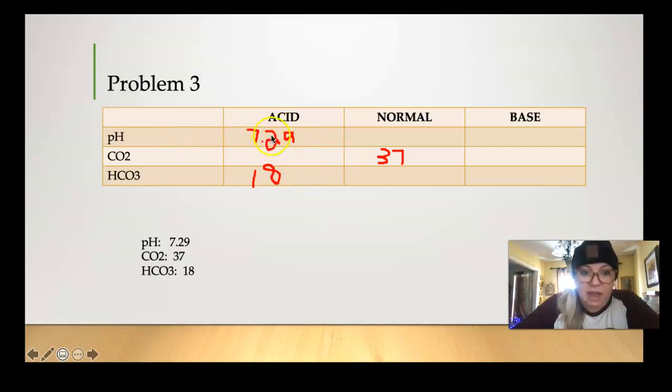We have an acidotic, and it's metabolic because it's the HCO3. They're lining up in this acidic column. So we have metabolic acidosis. The lungs are still normal, so they've done nothing to try to compensate or help anything. So this is uncompensated metabolic acidosis. Okay? All right. Let's move on.